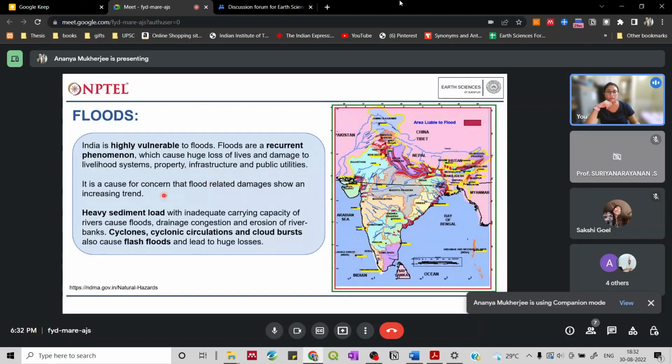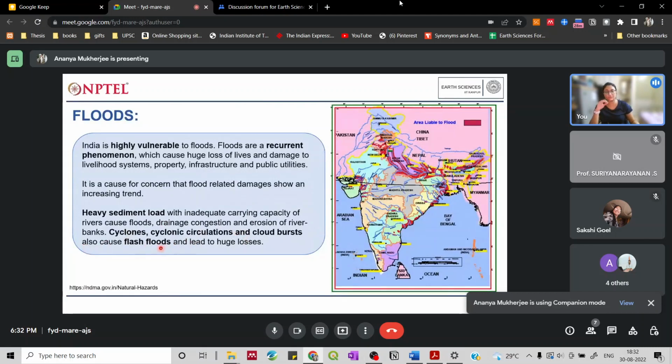So there is increased concern because of the damages that are happening, and the trend is also increasing. Floods can also be caused by other natural hazards, like for example cyclones, cloudbursts, cyclonic circulations. These cause flash floods.